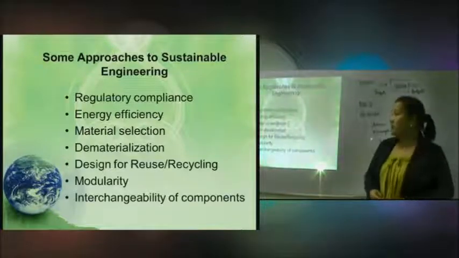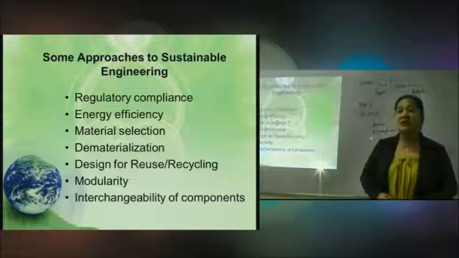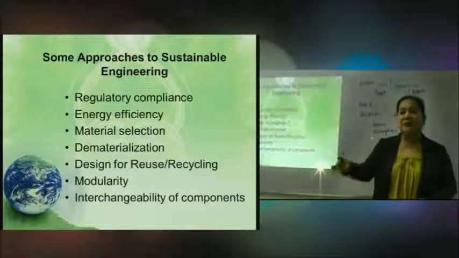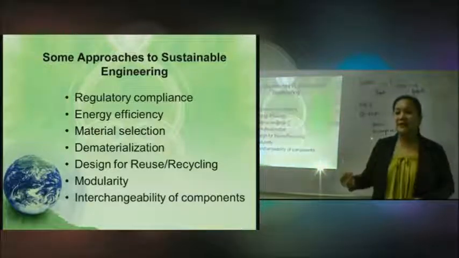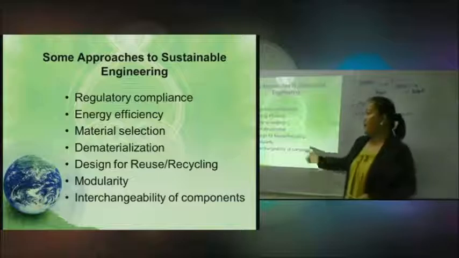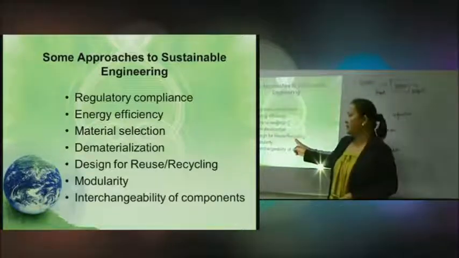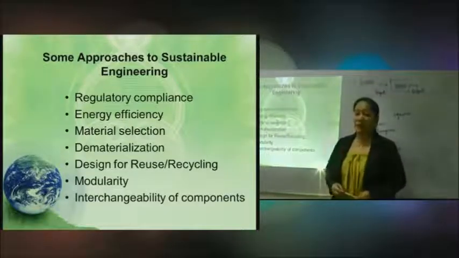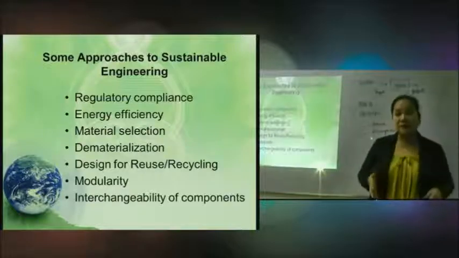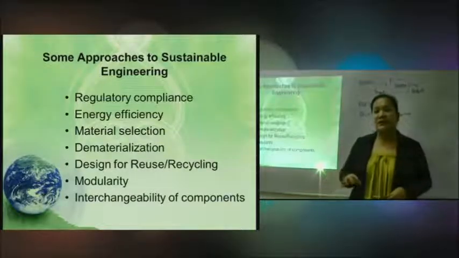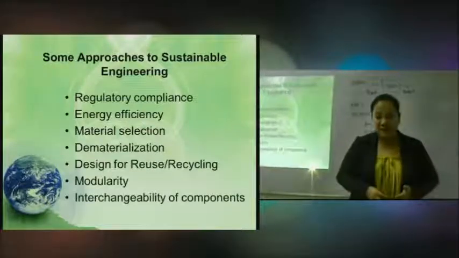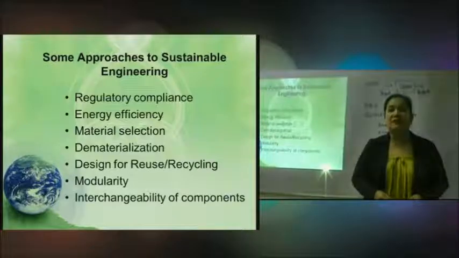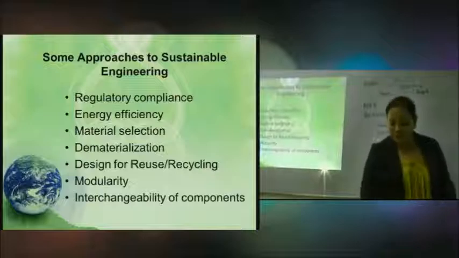And then, of course, our main objective in industrial ecology is to come up with an optimal design. This is actually your cyclic industrial ecosystem. And therefore, we emphasize design for reuse and recycling. We also would like to do a modularity approach in such a way that we can contain the inputs and the outputs in a particular industrial system. And then sometimes we also implement interchangeability of the components so as to come up with an optimal solution.